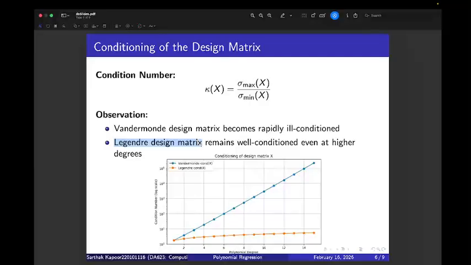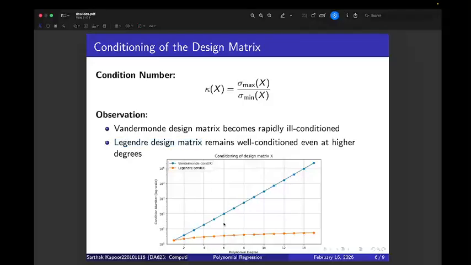For Vandermonde it is going to be 1, s, s squared, up to s to the power k, and for Legendre it is going to be p0 at some time t, then p1 at time t1, and p2 at time t2, and so on.